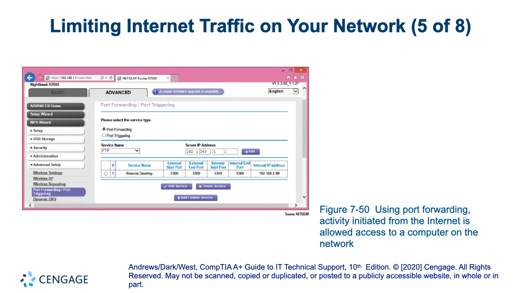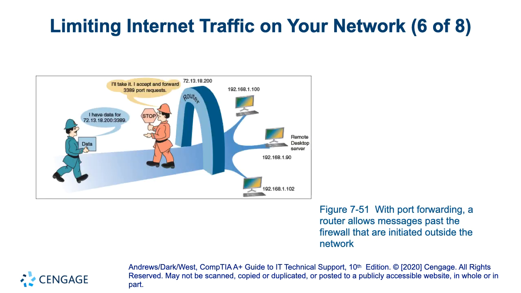By enabling port forwarding, you are allowing users from outside your network to initiate and connect to your network. Normally, your firewall will block incoming packets that are not a return from something that you requested.